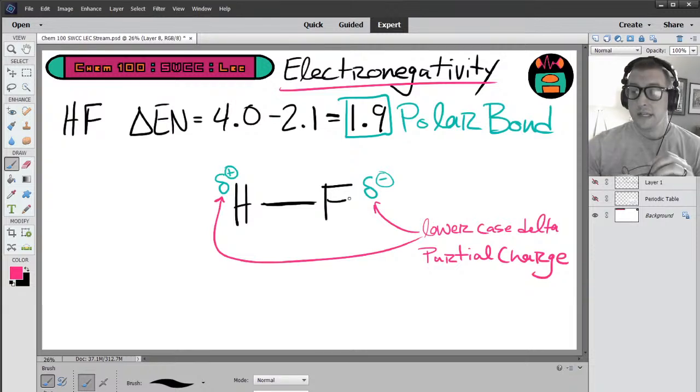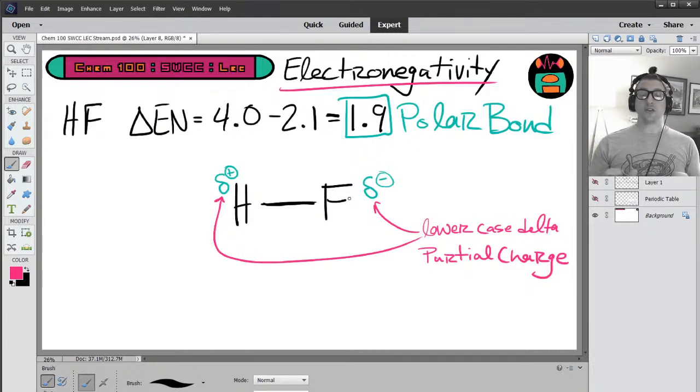All right. The uneven distribution of electrons in the HF bond creates an uneven charge distribution in the molecule. So this molecule, even though it's covalent, even though the electrons are shared, has a positive end and a negative end.